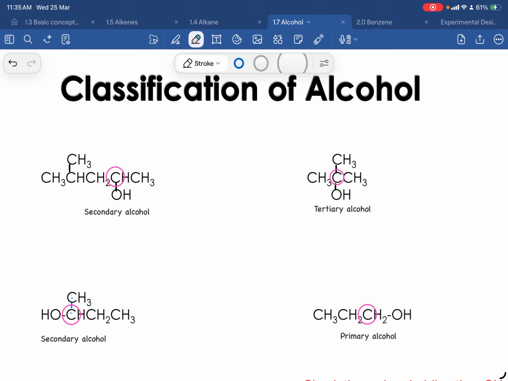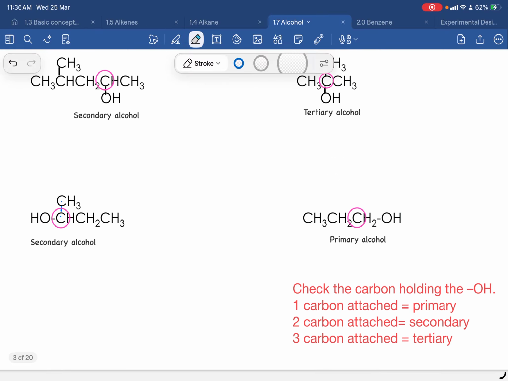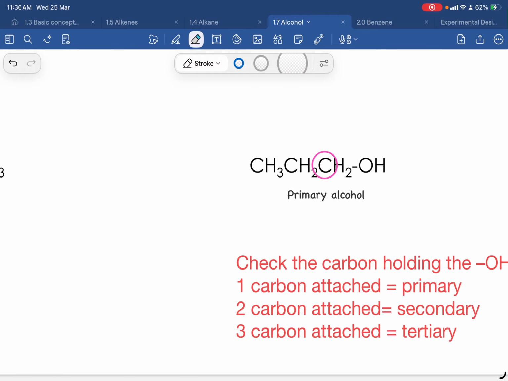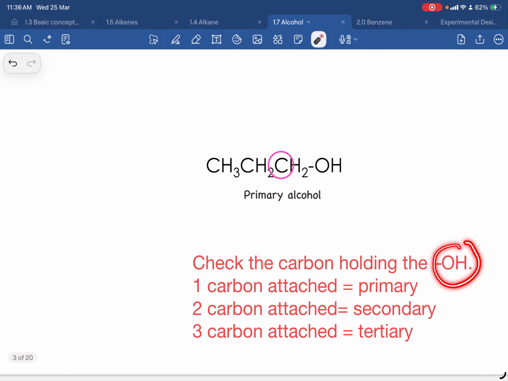How we define that is based on the number of carbon atoms attached to the carbon that holds the hydroxy group. Basically, you check the carbon holding the hydroxy group.